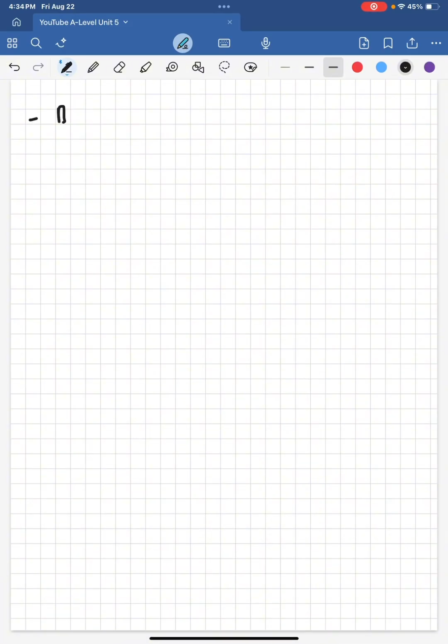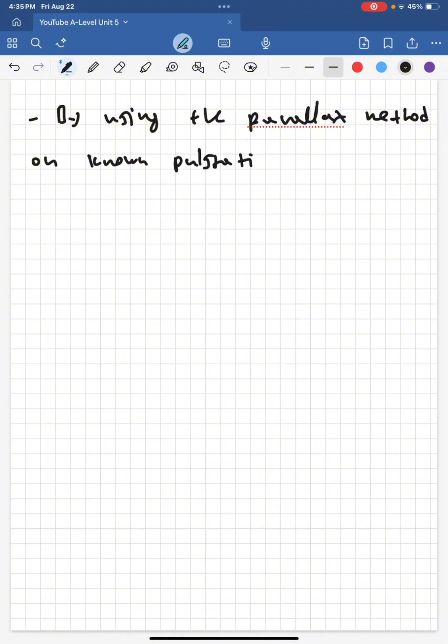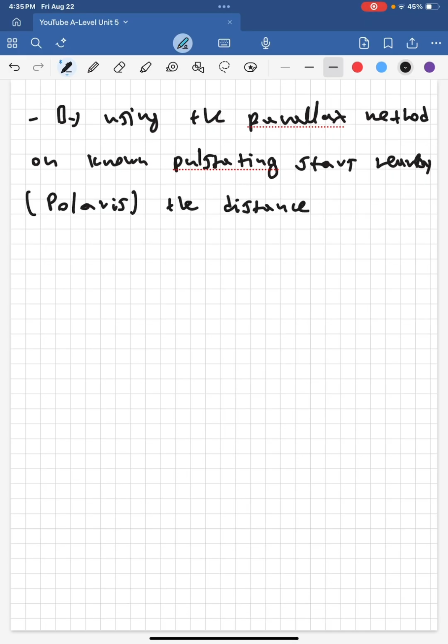Okay, so by using the parallax method on known pulsating stars nearby, such as the Polaris star, the distance and therefore the luminosities were determined.